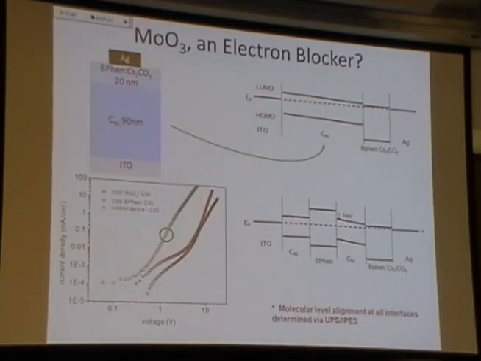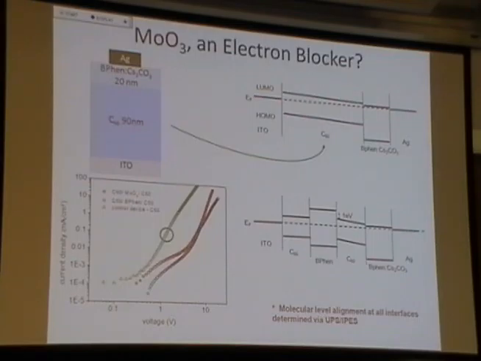Now, what happens with this BFEN? When we put BFEN in here, you perturb the molecular level alignment. You see a 1 electron volt barrier to go from the silver contact through the BFEN into the C60, that's fine. But then going from the C60 into the second BFEN, you have this 1 electron volt that you have to overcome. So that's what you see here: you truly have electron blocking from the BFEN.